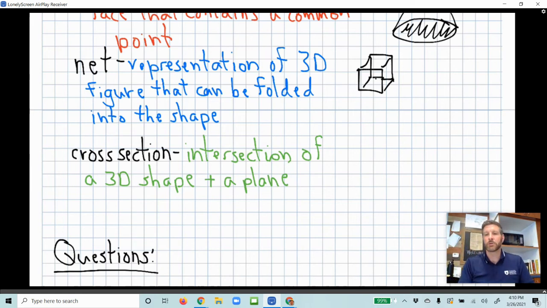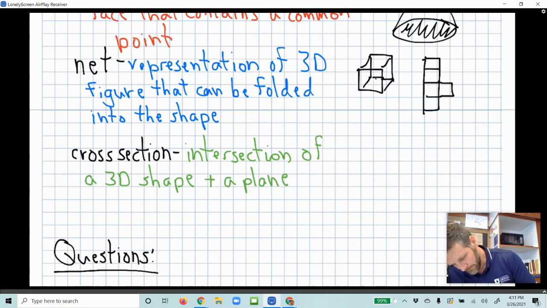That'd be a square prism, or if I didn't draw a perfect square, a rectangular prism. And so a net would be, imagine that was a piece of paper and you unfolded it, and so it would look something like this. So that could be a net.